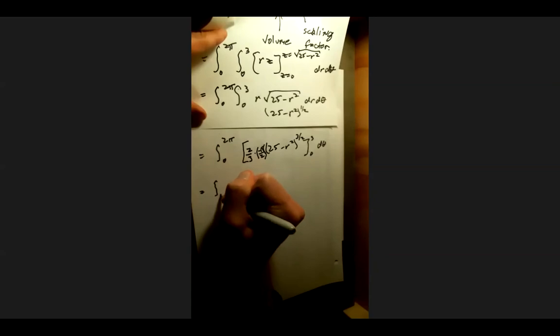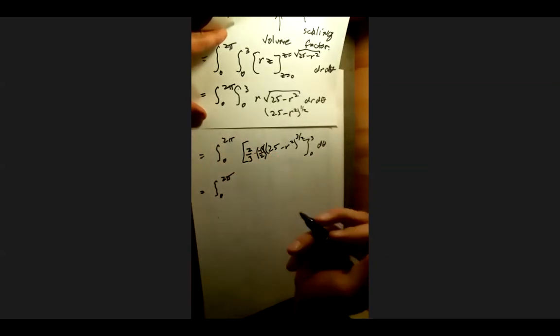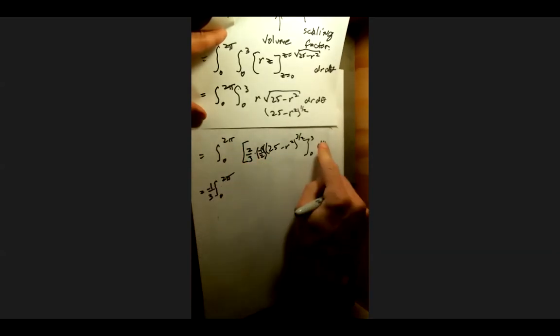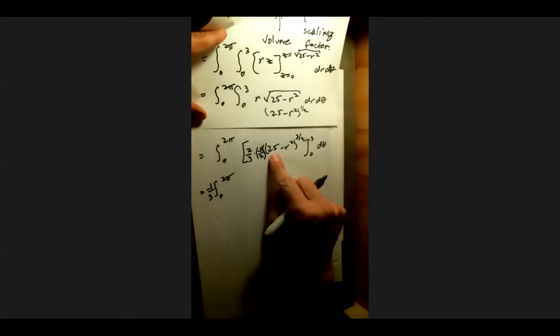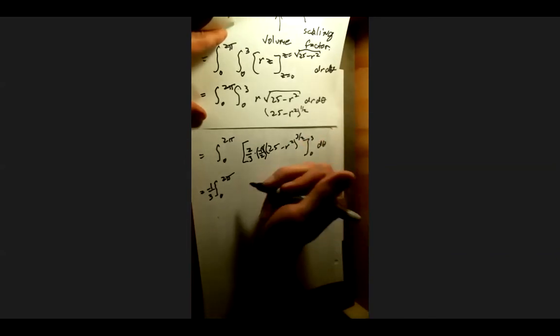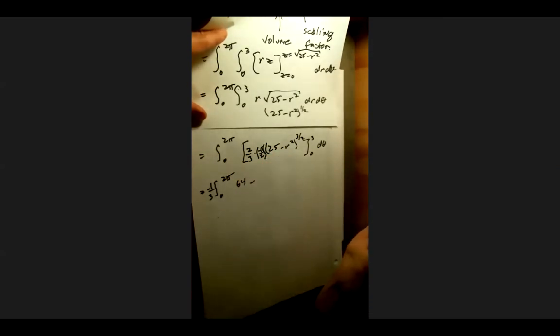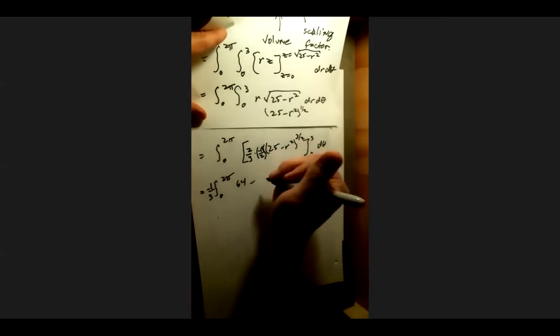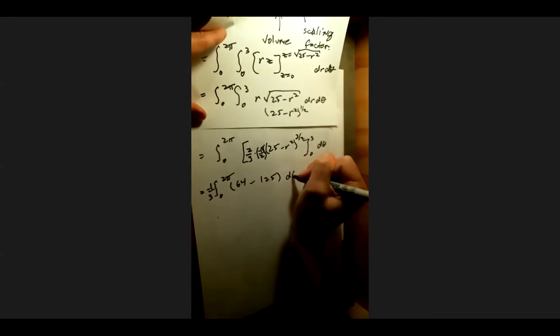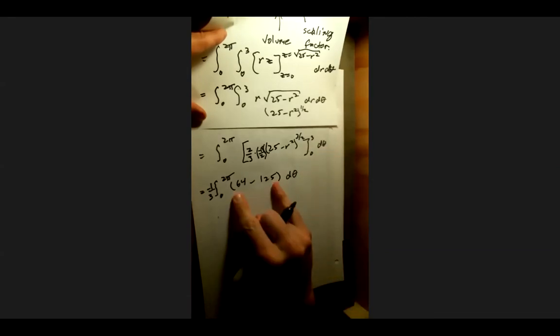So, and we're evaluating from 0 to 3. So we put in 3, we're going to get 25 minus 9, 16 raised to the 3/2 power is 64, minus 25 to the 3/2 power, 125. 61.